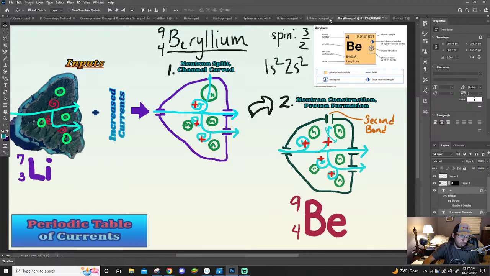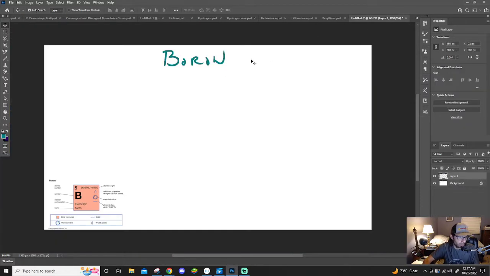So if we start from here, let's just draw that real quick. So specifically the channel across at equal distance here, because that's how it formed.